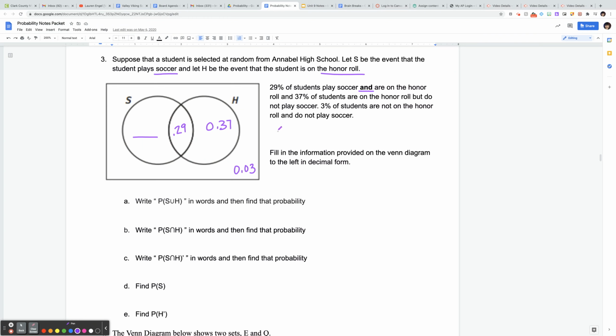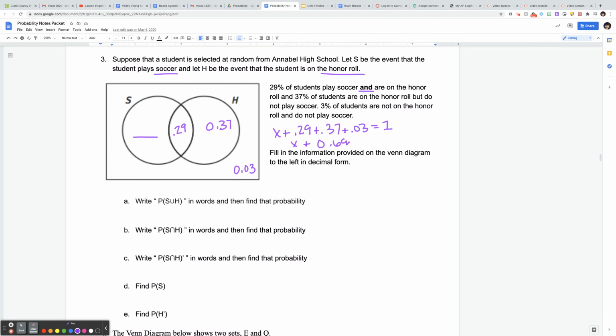So what I'm going to do is say X is the one that I don't know, plus 0.29 plus 0.37 plus 0.03 all has to equal 1. If I add these, 0.37 plus 0.03 is 0.4, 0.4 plus 0.29 is 0.69.